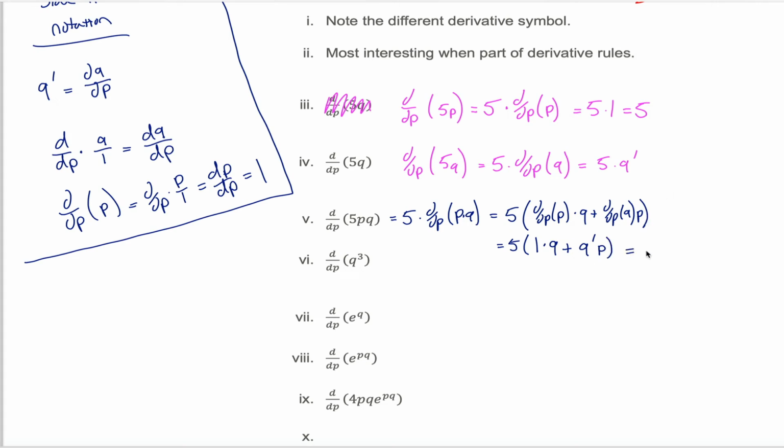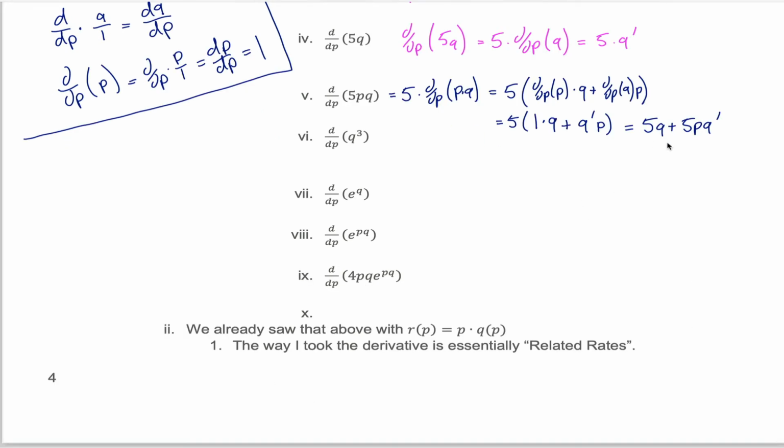We clean this up a little bit if we felt the need. Maybe don't write 1 times q, but instead just q. And if you want, you could get rid of the parentheses by distributing the 5 through. We'd get 5q plus 5pq prime. It's kind of fun once you get the hang of it.